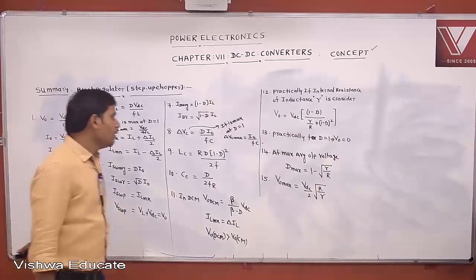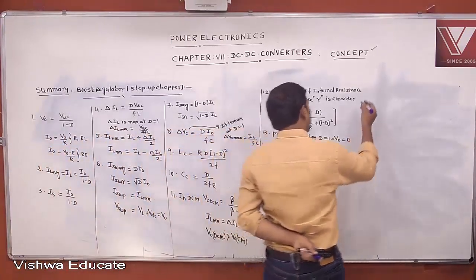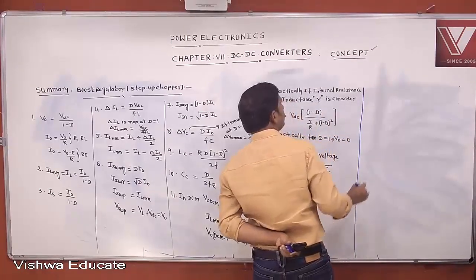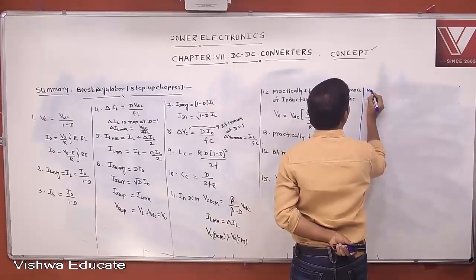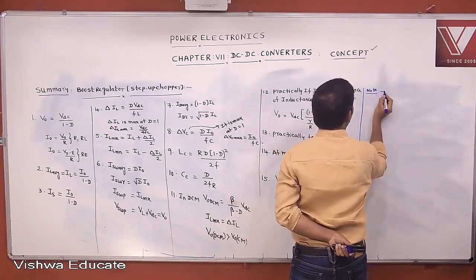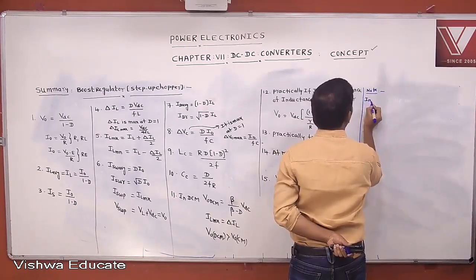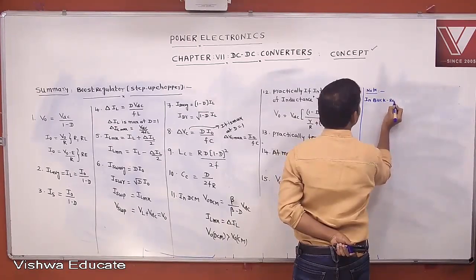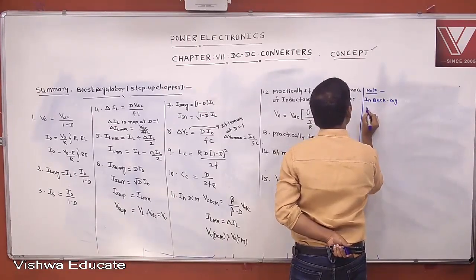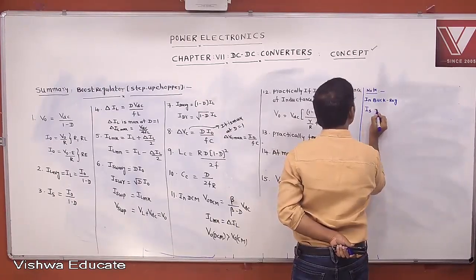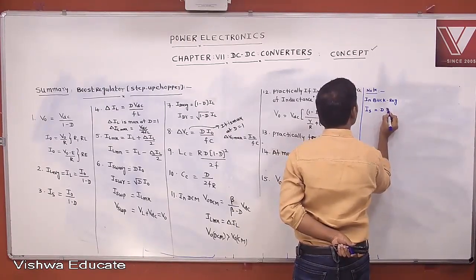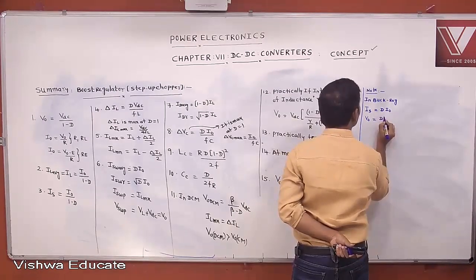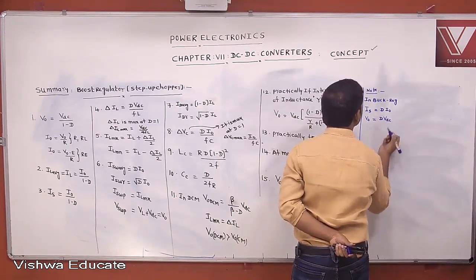Okay, clear? And I want to write one note here that you concentrate. You know that in buck regulator, Is equals d times I naught, and V naught equals d times VDC.